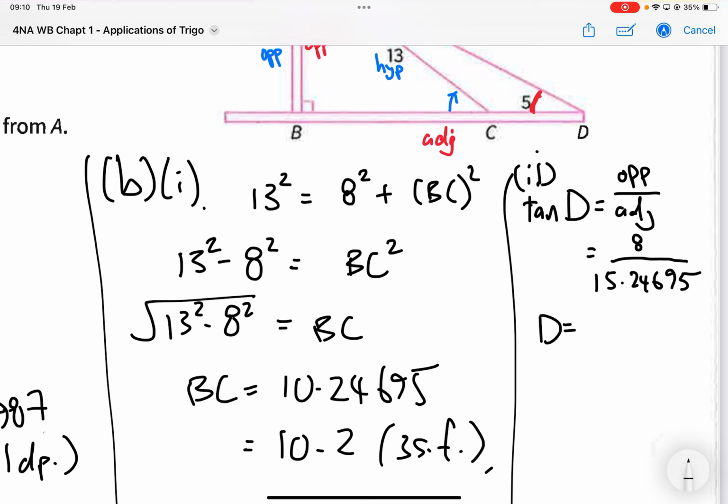Then if I want D, I will take tangent inverse 8 over 15.24695. Okay? Later we try. See, 15.2 and 15.24695 are different.